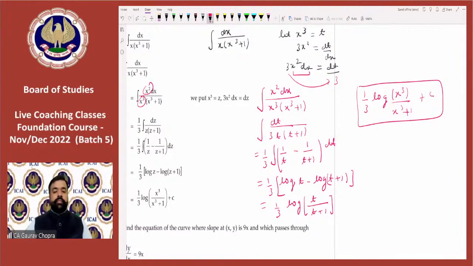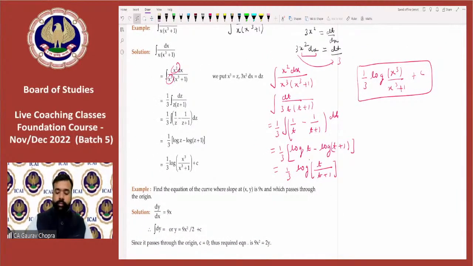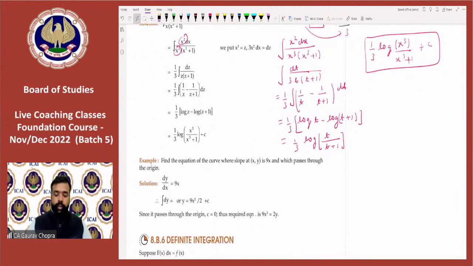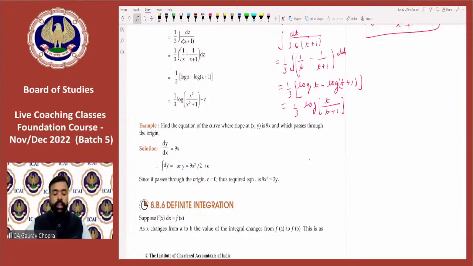So in such cases, we can assume substitutions and get the result. All right. Then the next one is a bit different question.